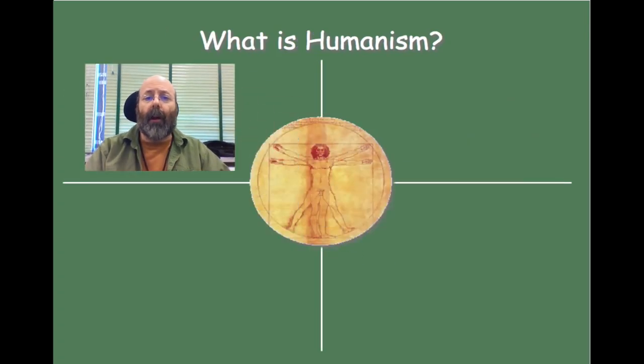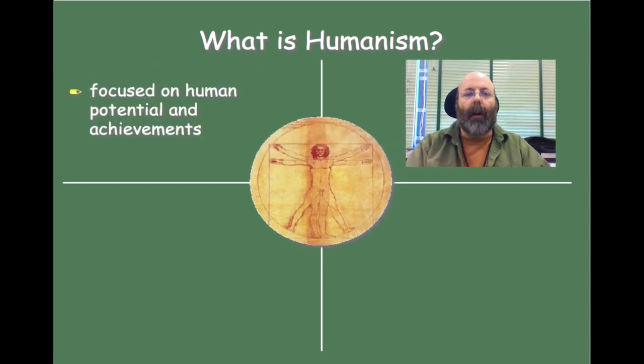Okay, let's take a look at this concept of humanism. All right, what is humanism? Now, this is the philosophy that will define the Renaissance and have a lot to do with shaping how people change their attitudes during this time period and help discover this rebirth. First of all, it focused on human potential and achievements. And this is an idea that basically says that people are capable of doing all sorts of things. It's very different than what you might have seen in the Middle Ages, where people sort of attributed everything that was great to God.